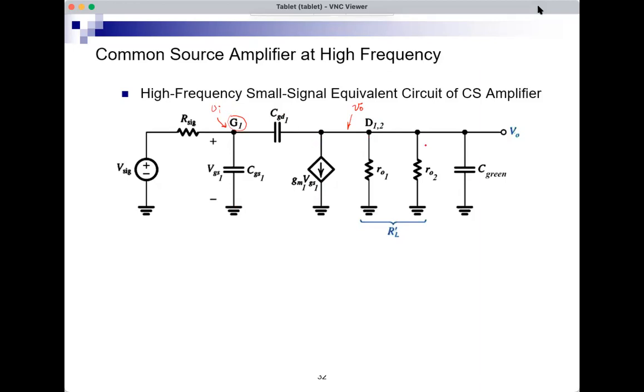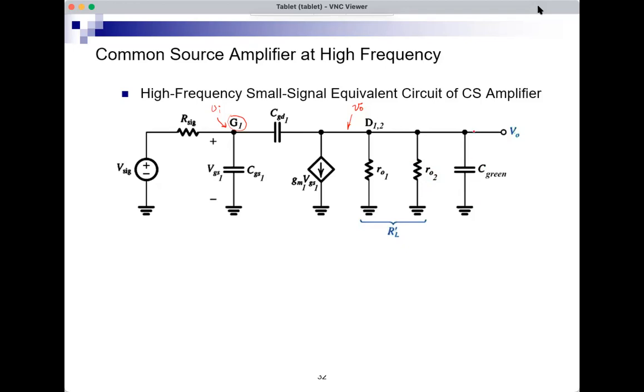And then we have RO2. What is RO2? RO2 is the small signal equivalent of Q2. This is a previous result that we know. And C green from the output to ground.